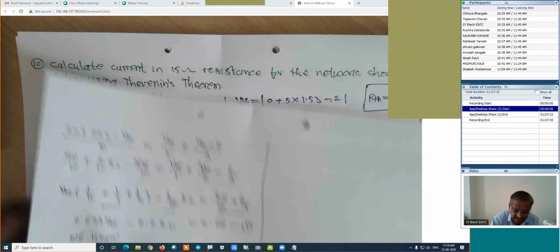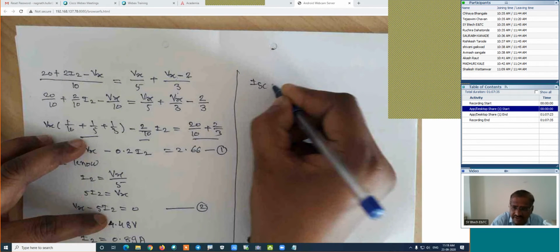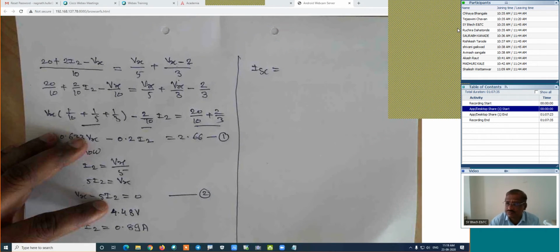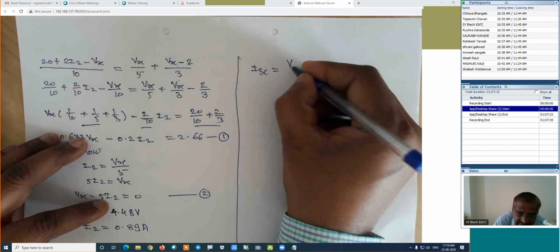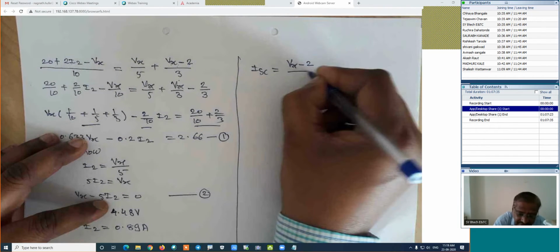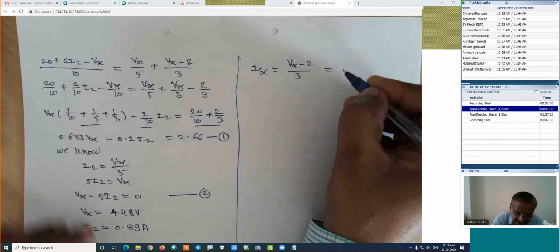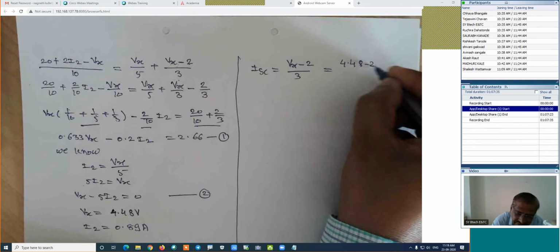Is it right? Therefore, this ISC is equal to Vx minus 2 divided by 3, which is equal to, how much is the Vx? 4.48. So 4.48 minus 2 divided by 3.